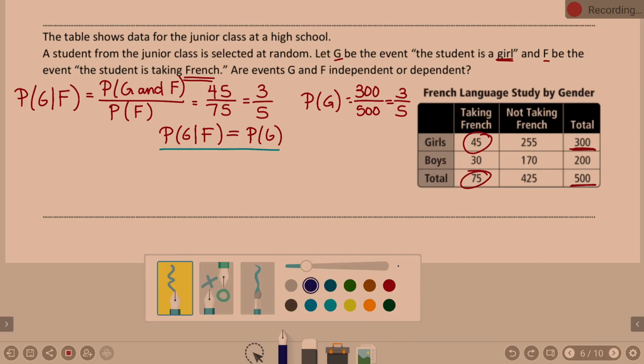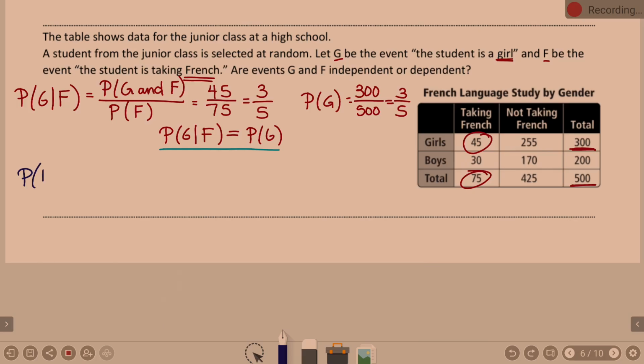The probability a student is in French, given they're a girl. On top, it's still the probability of a girl and French. But this time, the probability of the condition, G, which is girl. Now, on top, girls in French was already 45.